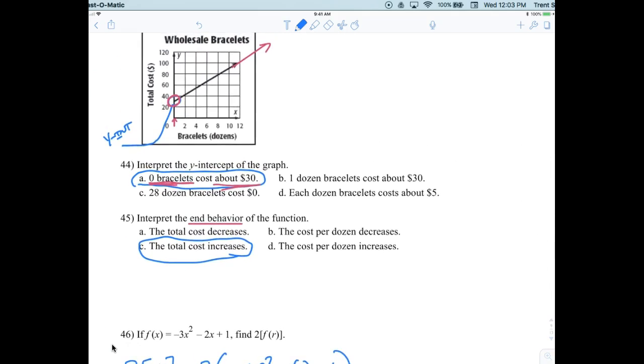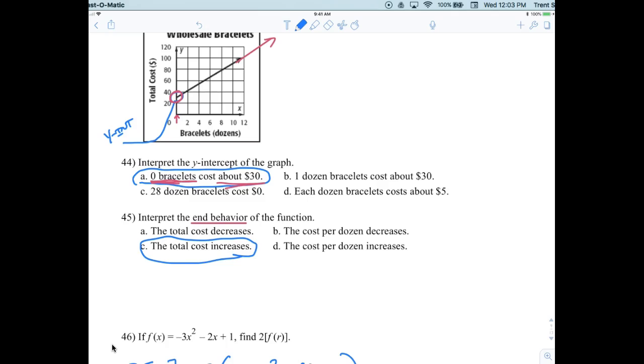Let's talk about that. What's the difference between the total cost and the total cost per dozen? The total cost is how much money it costs in total, but the cost per dozen is like at the beginning of the graph, the cost per dozen would be like $5, but by the end it'd be like $10. Well, listen to me on this. Think about it like this. If you go to the store and buy eggs, they usually come in a dozen, right?